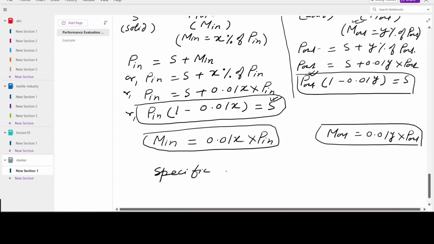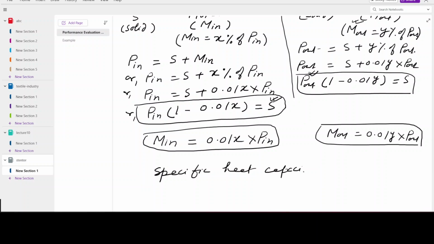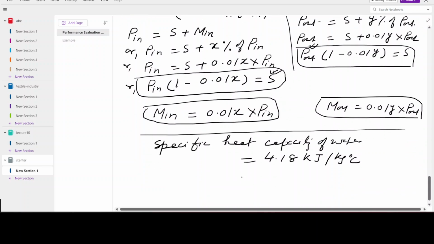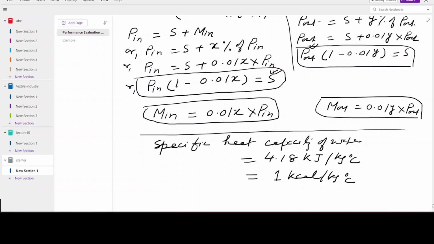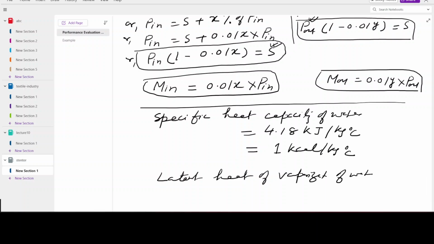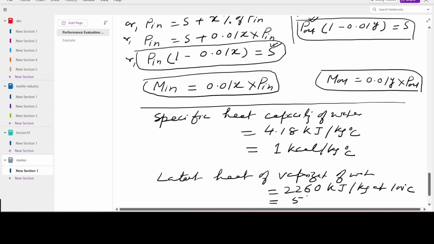Specific heat capacity of water is equal to 4.18 kilojoule per kg degree centigrade, and in terms of kilocalorie it is 1 kilocalorie per kg per degree centigrade, and latent heat of vaporization of water is equal to 2260 kilojoule per kg at 100 degree centigrade, and in terms of kilocalorie it comes out to be 540 kilocalorie per kg.